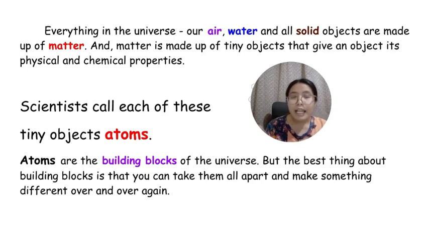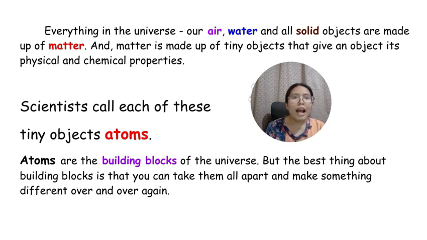Ibig sabihin, pinagsama-samang atoms, nakabuo ng baso. Pinagsama-samang atoms, ang nabuo niya ay tinapay. Okay, so, ang kabuuan pala nito ay pinagsama-samang mga building blocks or we call this the atoms. But the best thing, ito yung pinakamagandang bagay about these atoms is that you can take them all apart and make something different over and over again.